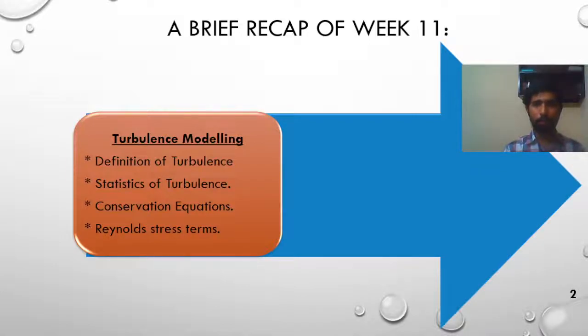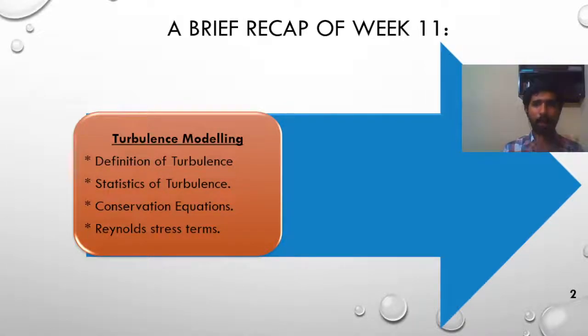There has been no exact governing model or solution which can actually predict the flow features in a turbulent flow. So we always try to decompose the flow into some mean component and some fluctuating component, and then try to predict the statistics of this turbulence. So what is the average of the fluctuating component, the RMS of this fluctuating component, and then the intensity of this fluctuating component. That mainly comes under the statistics features.